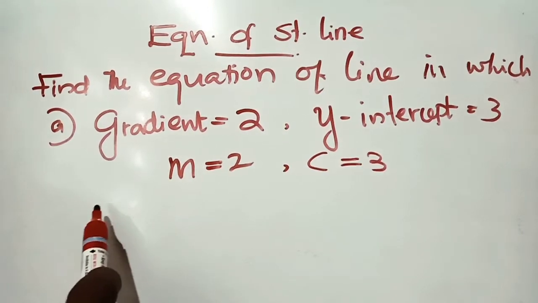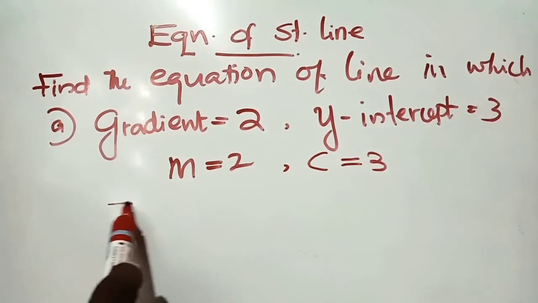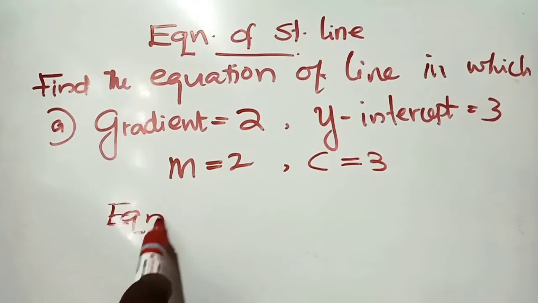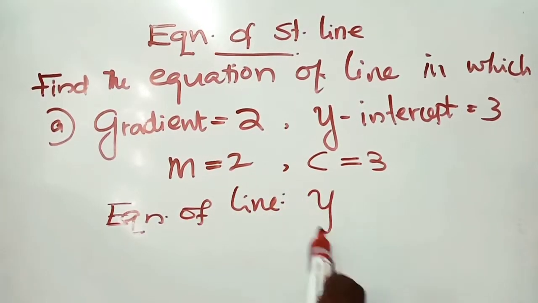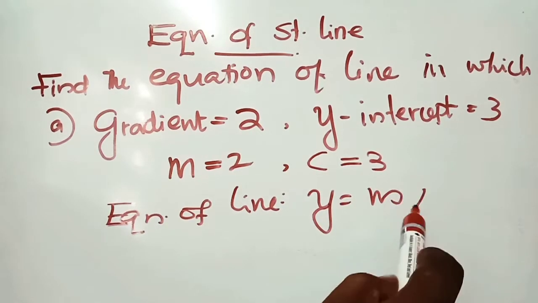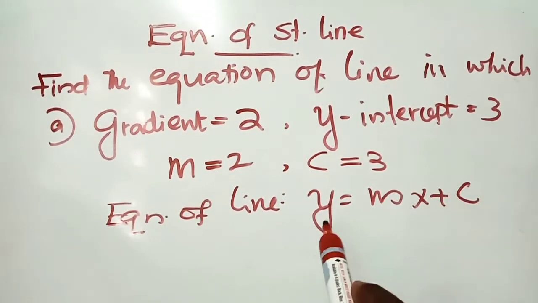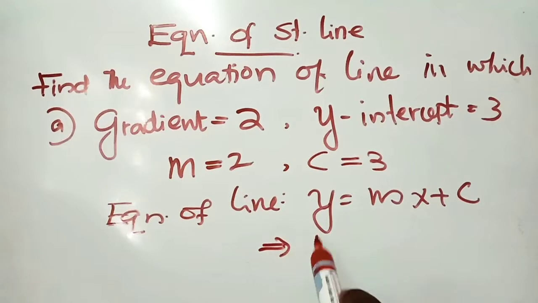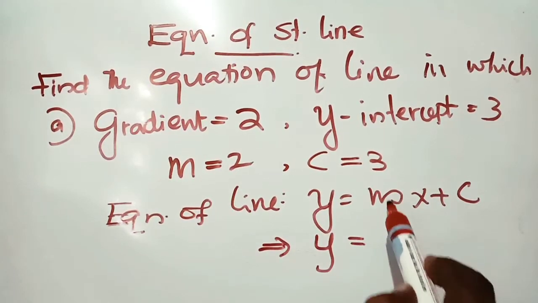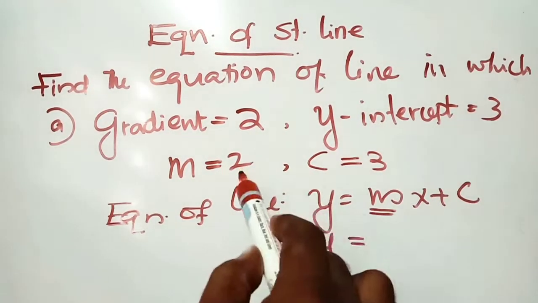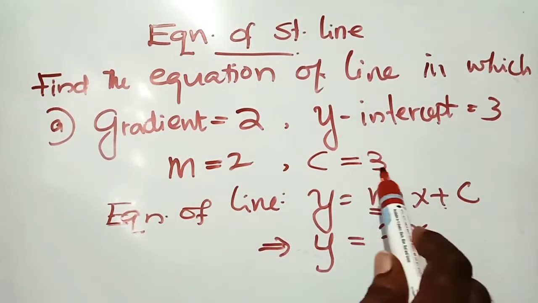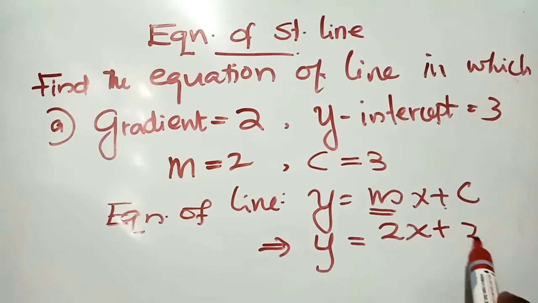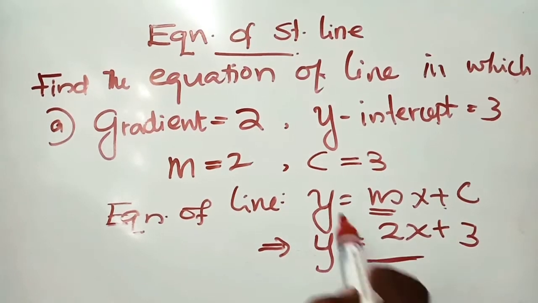Now we have to recall the equation of a straight line. What is the equation of the line? y equals mx plus c. That implies y equals, what is m? Yes, m is 2. So 2x plus c. c is 3. So plus 3 as a result.